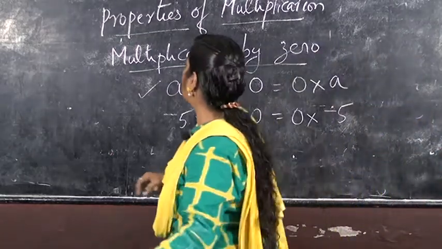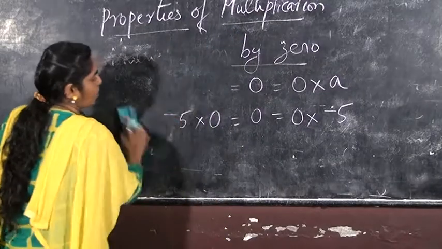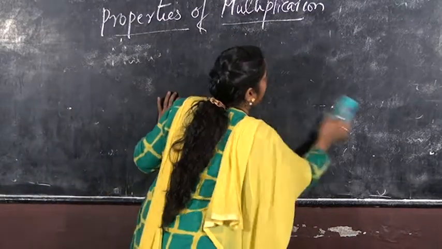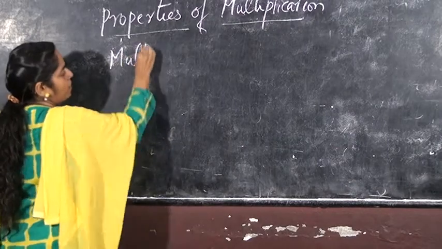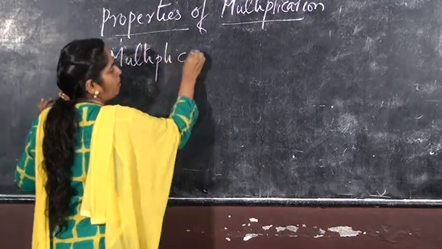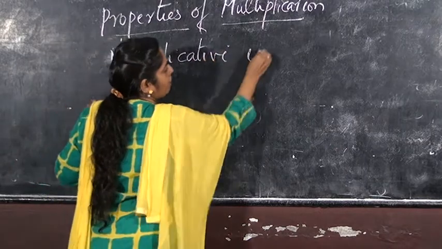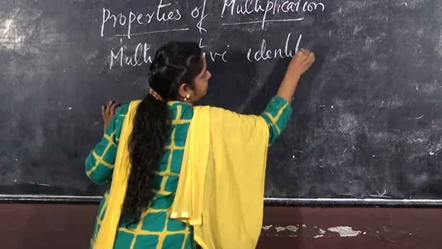Next property is the multiplicative identity.